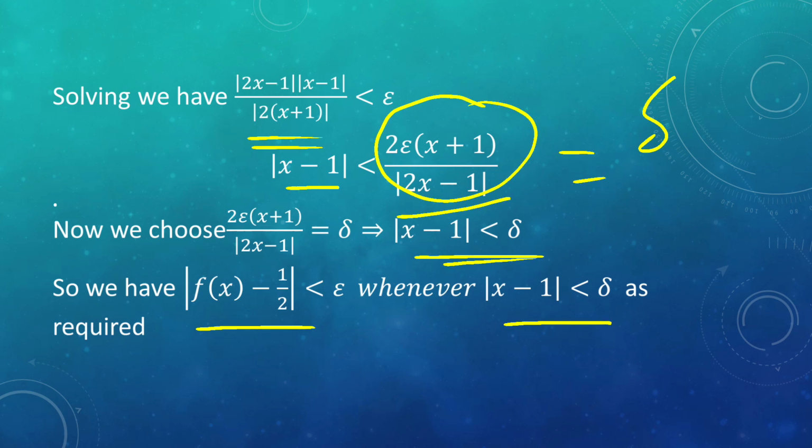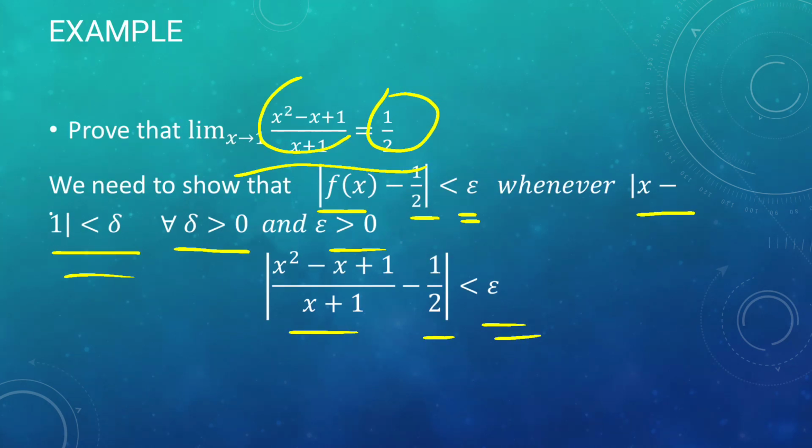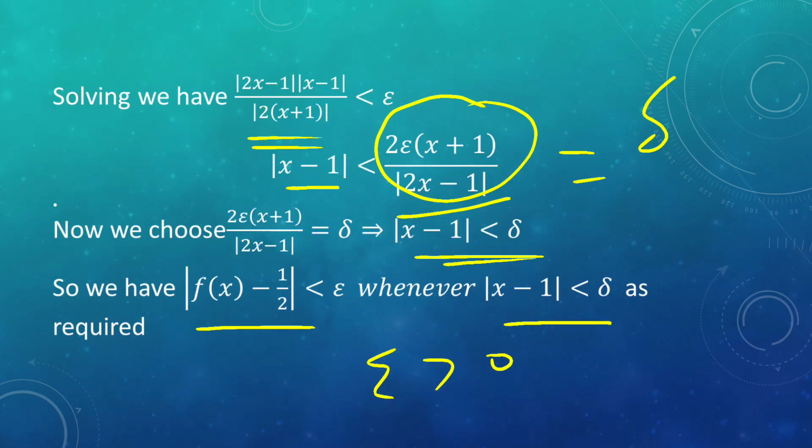Because the two conditions of a limit have been satisfied, and our epsilon is positive, we say that truly one half is the limit of that function. That's basically what you need to reason out.